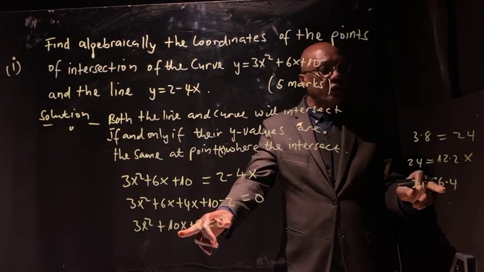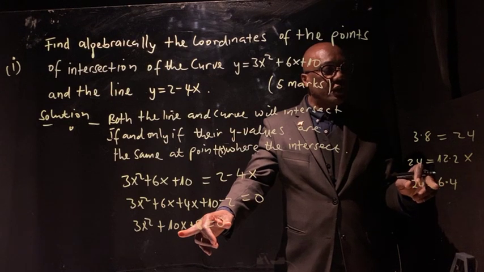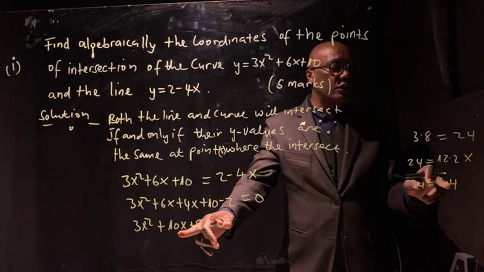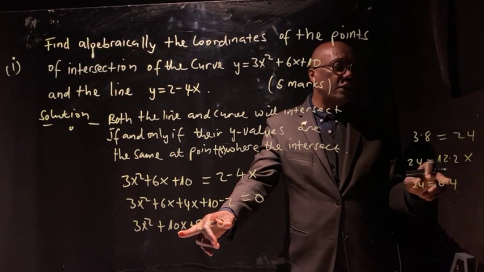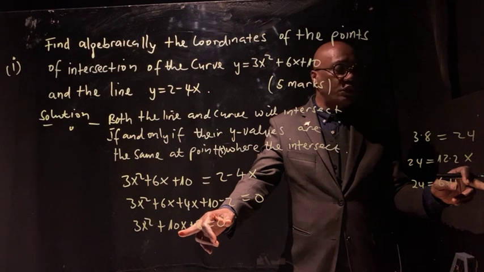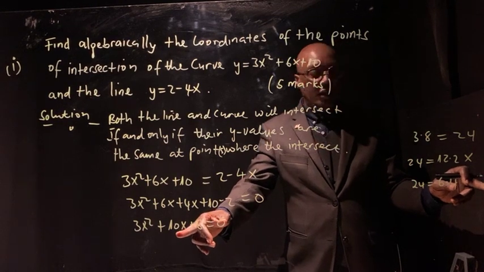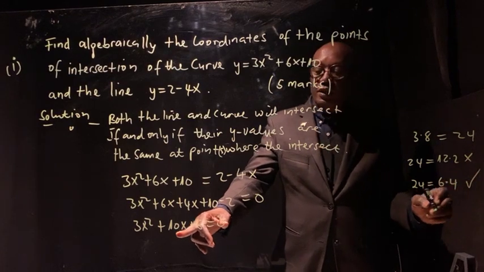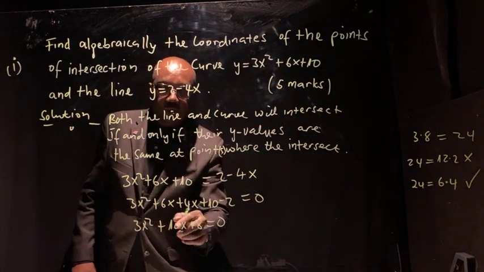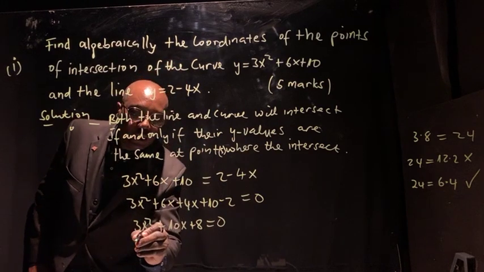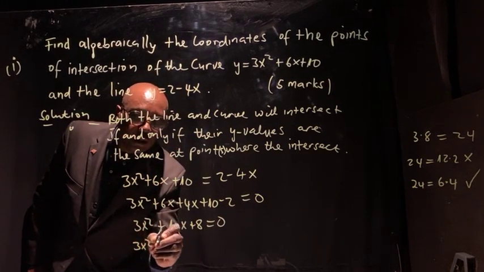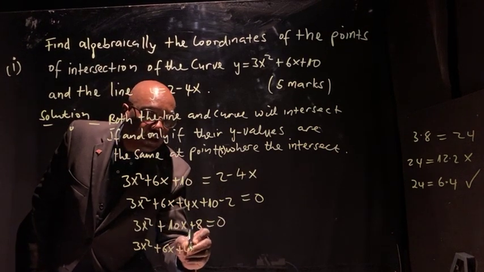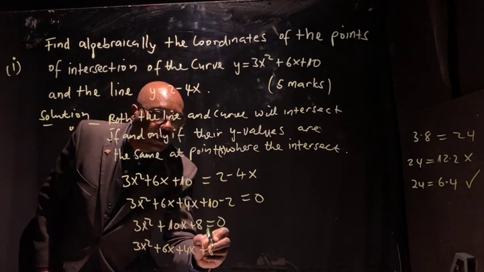Then let's come to the second factor, which is 6 multiplied to 4. If we add the factors, 6 plus 4, it will give us 10. Is the coefficient of x equal to 10? Oh yes, that equals 10. Therefore, this is the right factor that we are looking for. So in that case, instead of writing 10x there, the equation becomes 3x squared plus 6x plus 4x plus 8 equals 0.